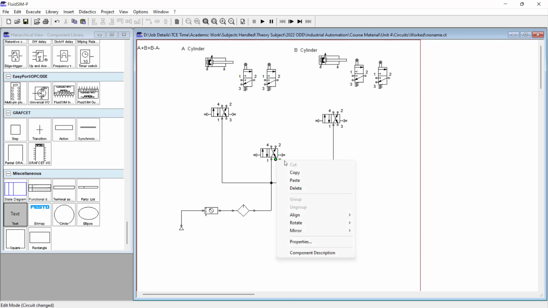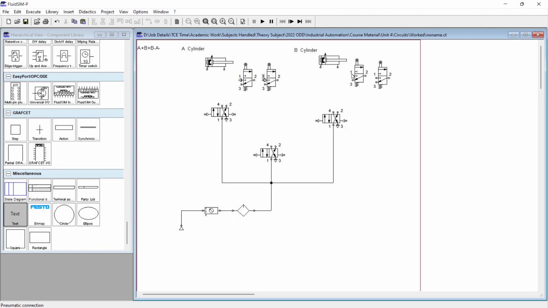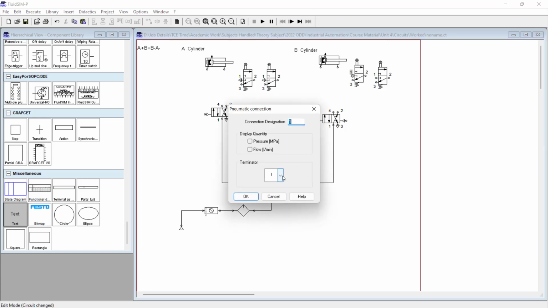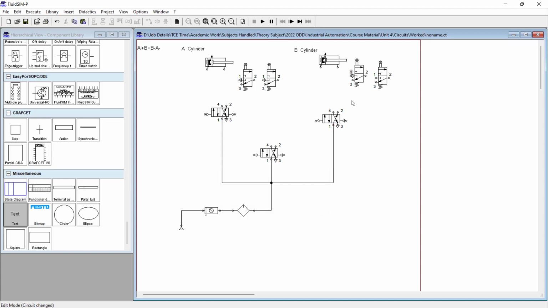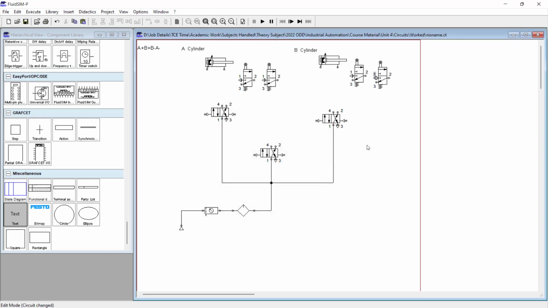Set the vent for the DCVs. Set it as external vent.